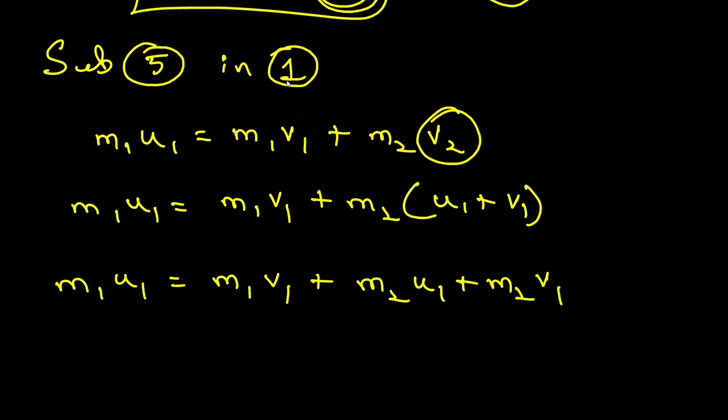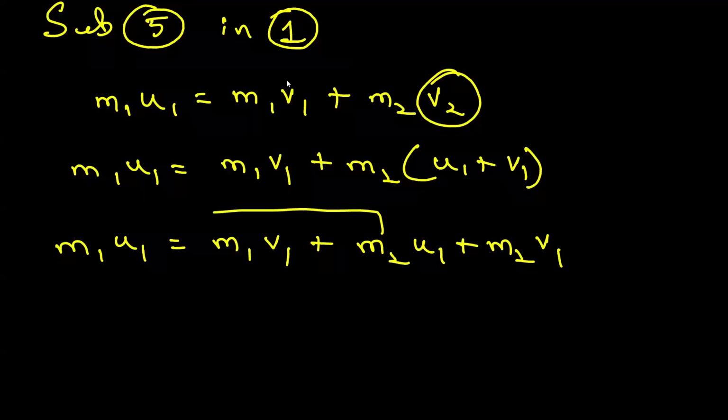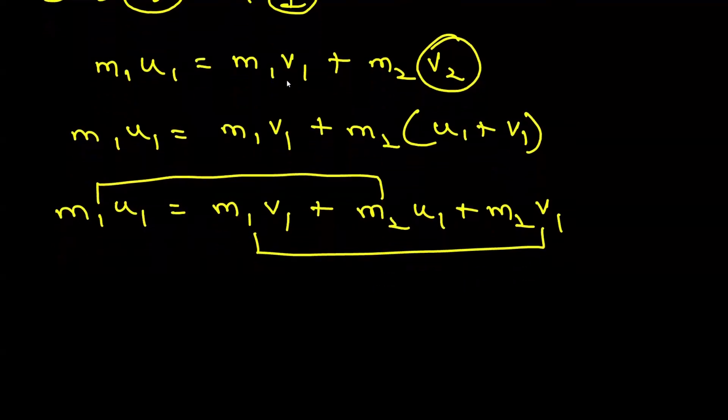Getting it? This is what I've got. Again, what are we supposed to do right now? Listen up. Previously I told you to bring all the M1s to one side. After equation number 5, the thing changes. Bring all the U1s to one side. So this part comes to the left-hand side and we'll merge both of these together because both of them are V1.